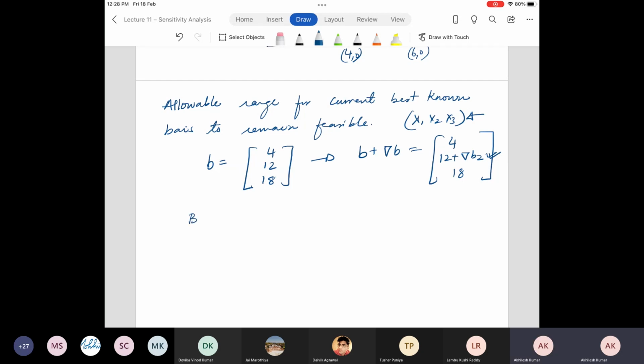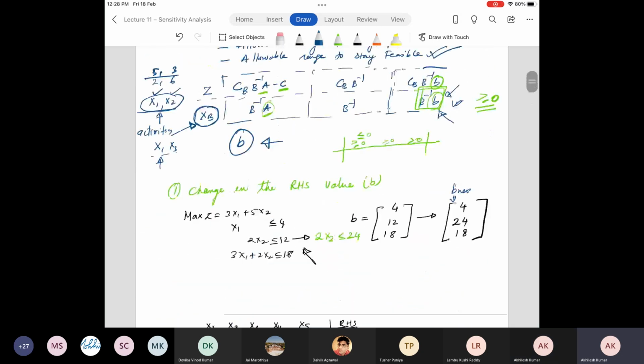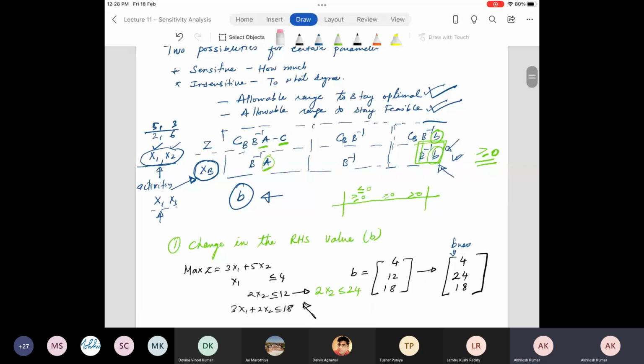So where does your B new affect? B inverse B new? You agree? Look at the table. This is where B affects.